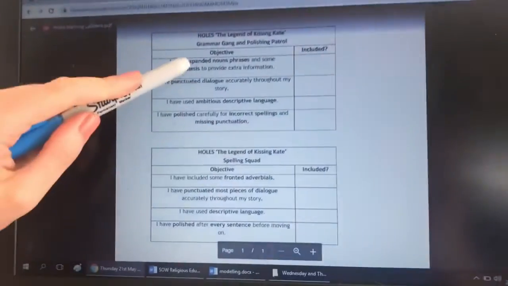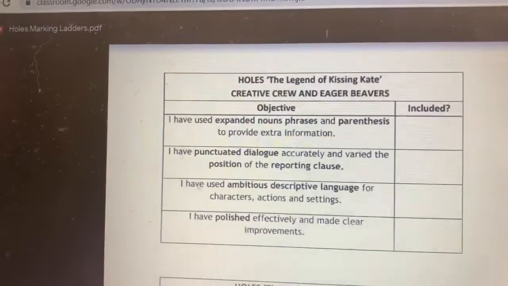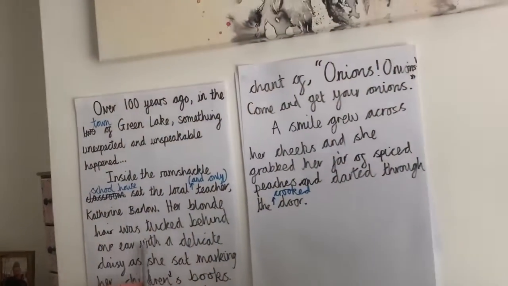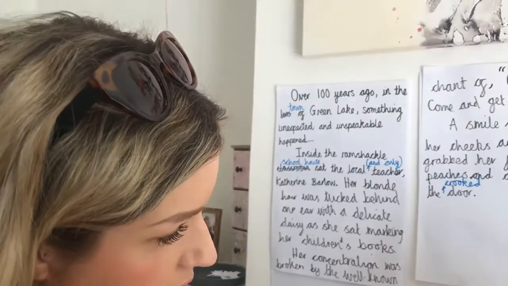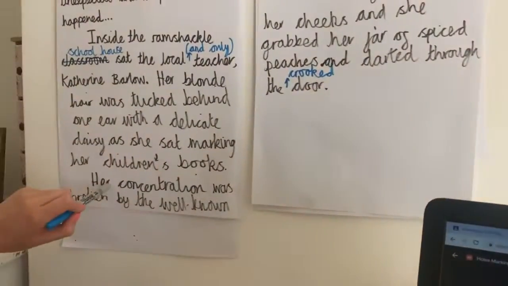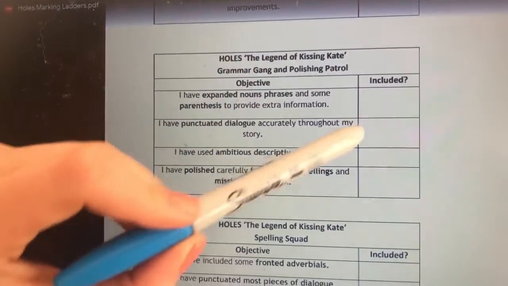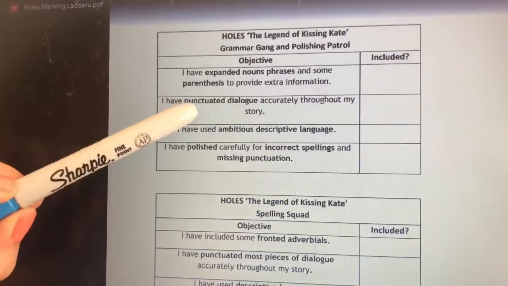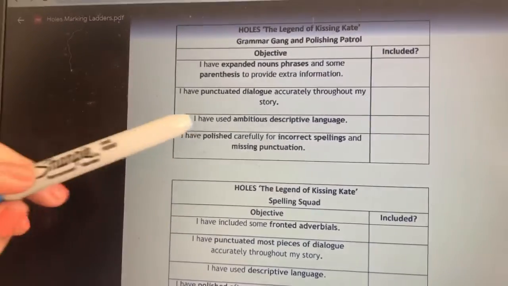Okay, right. So let's just check what we can tick off from the marking ladder. Expanded noun phrases. Blonde hair tucked behind one ear with a delicate daisy. I'd say that's an expanded noun phrase. Punctuated dialogue, yep. We've got a reporting clause at the beginning, so think about... Oh, I'm looking at the wrong ones. So think about whether you want to vary the position of your reporting clause, but just make sure that your punctuation is there for the dialogue. Ambitious descriptive language.